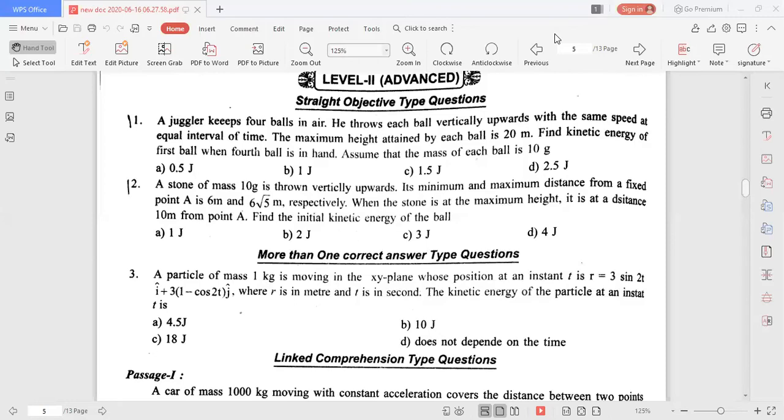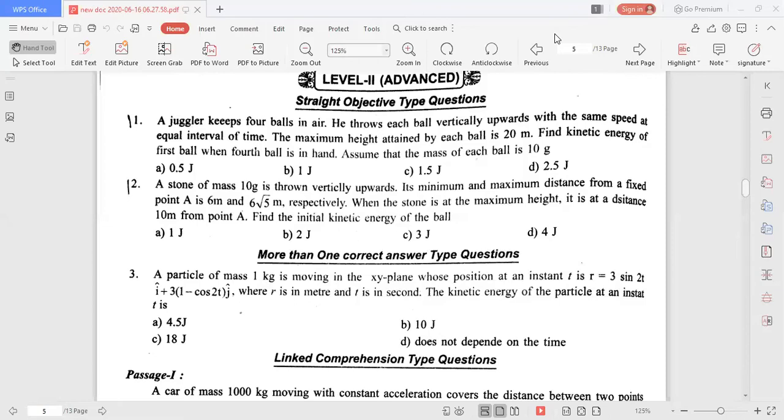When you differentiate, first d by dt of this term plus d by dt of this term. In the first term, 3 is constant and i cap is constant, so you keep aside 3 i cap into d by dt of sin 2t. Plus here 3 is constant and j cap is a constant unit vector, so you keep it aside, into d by dt of 1 minus cos 2t.